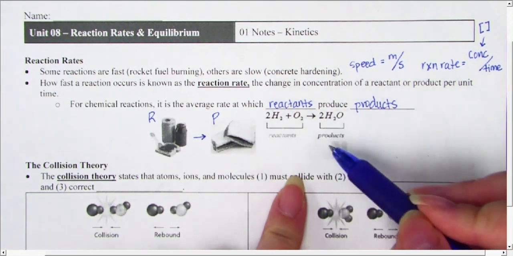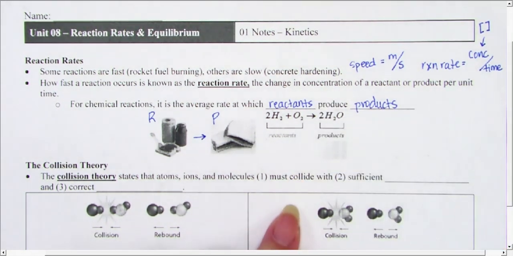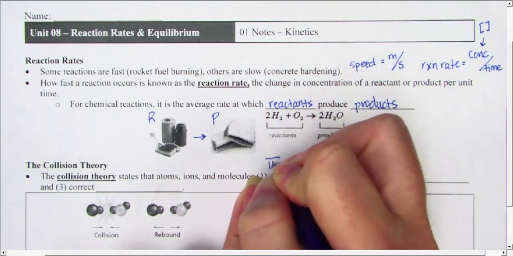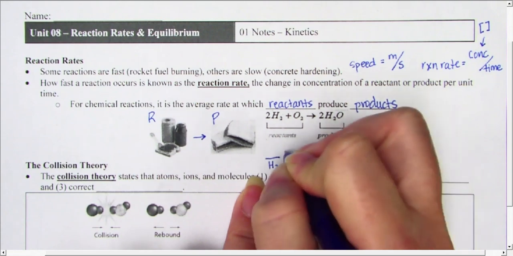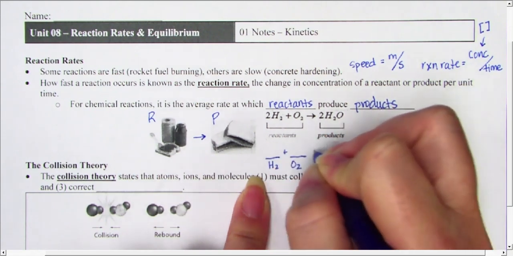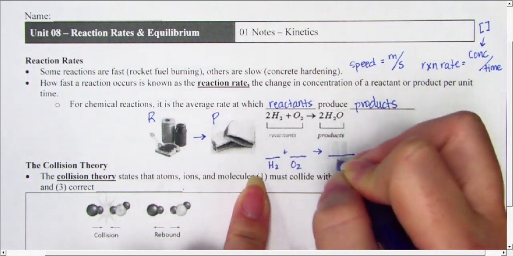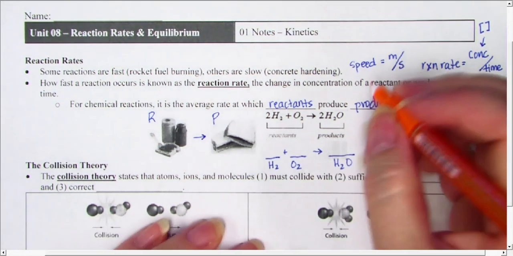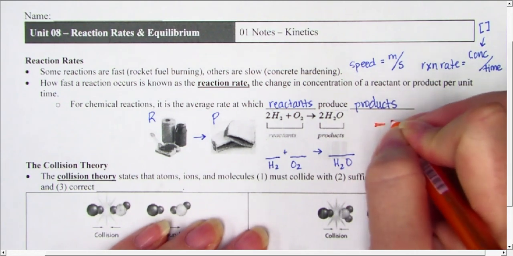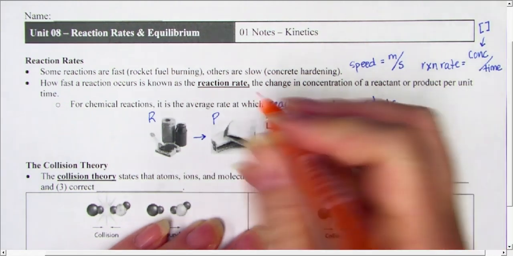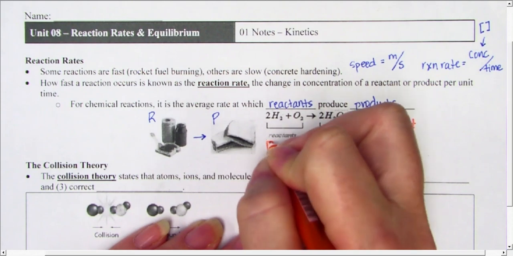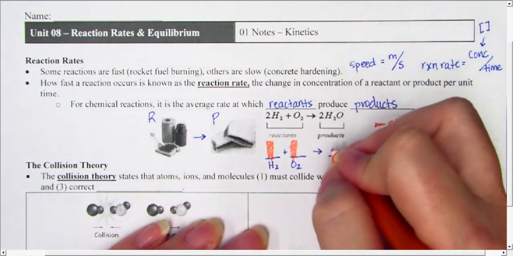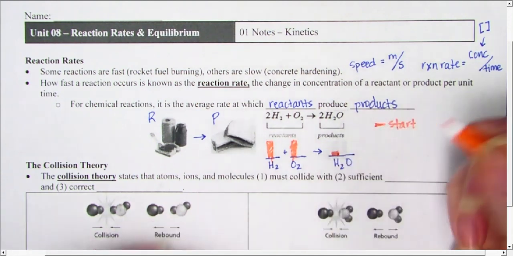Of course, looking at chemical examples here, we have the formation of water from hydrogen gas and oxygen gas. At the beginning of the reaction, we have a certain amount of hydrogen and a certain amount of oxygen that's going to produce water. So at the start of the reaction, we have lots of the reactants, hydrogen and oxygen, and maybe none or at least very little water.